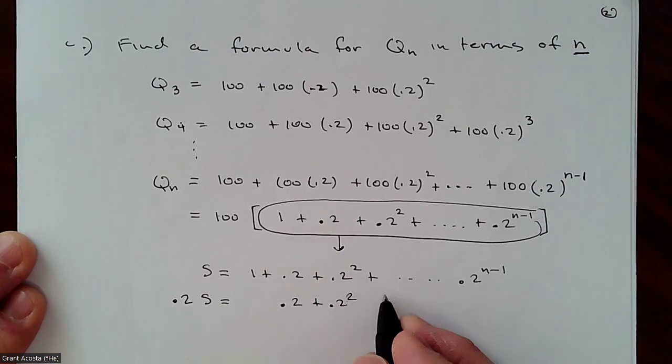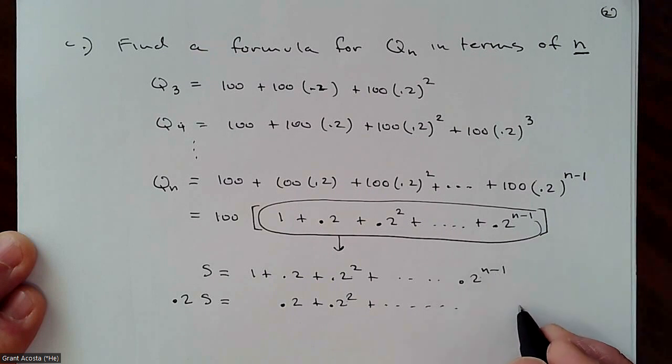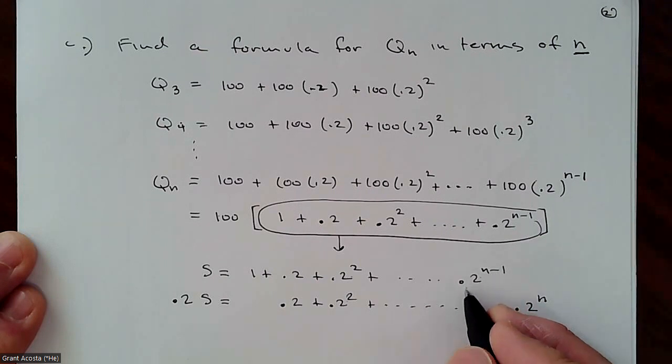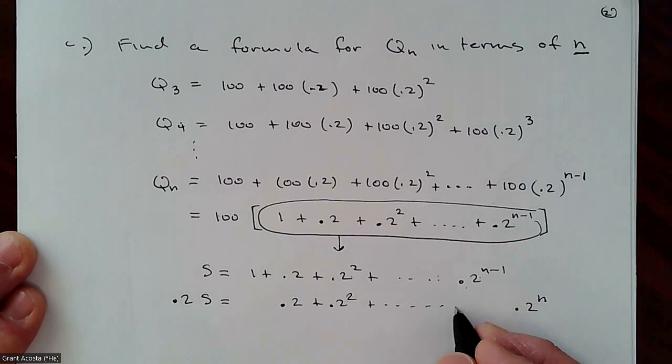Okay, now fill in the blanks, right? This would be 0.2 cubed. And notice this last one times 0.2 is going to increase the power by 1, so it would actually be 0.2 to the n. And the term before here that I didn't write, 0.2 to the n minus 2, if I multiplied that by 0.2, that would have been 0.2 to the n minus 1, right?